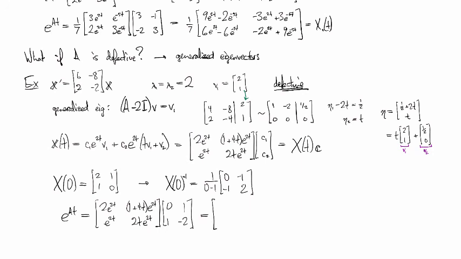And then multiplying this out, I'll bring the e to the 2t's out in front because they're everywhere. And then I'll have 1 plus 4t, -8t, 2t, 1 minus 4t. So there's our transition matrix for this defective example.